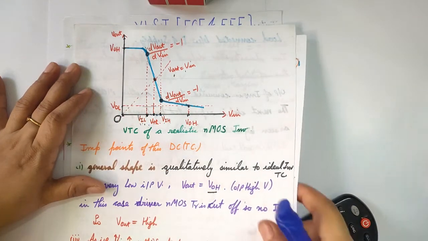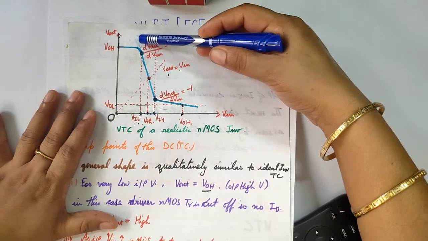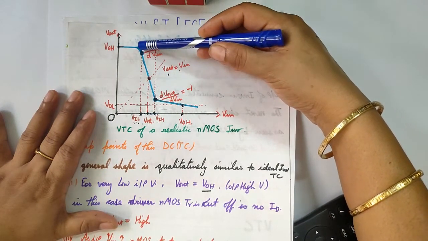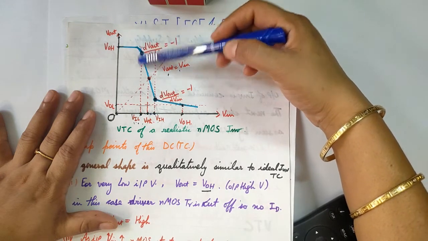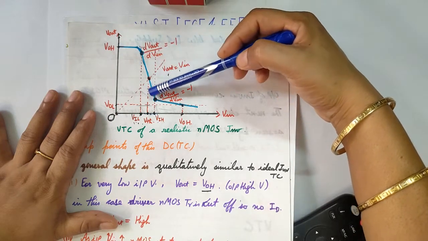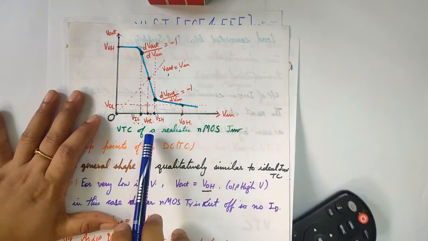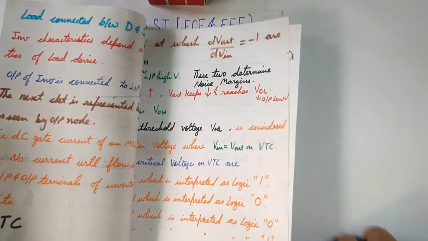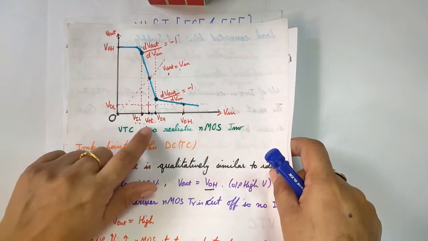And this is the transition region where the inverter output transits from high to low. In the ideal case, it was a sharp curve, but here it does take time. It gradually reduces to the next value. VTH is the point at which the input and output voltages are equal. This is the threshold point.